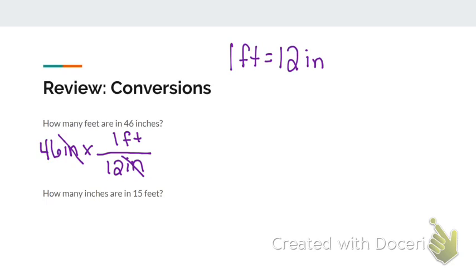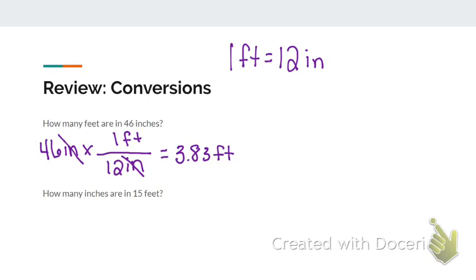So mathematically speaking, this first example, it's telling you to take 46 times 1 divided by 12. You don't really need to do the times 1 step, so 46 divided by 12. If you run that through on your calculator, if you remember, 2 decimal places is all I'm asking for. So we're going to go with 3.83 feet for our answer here.